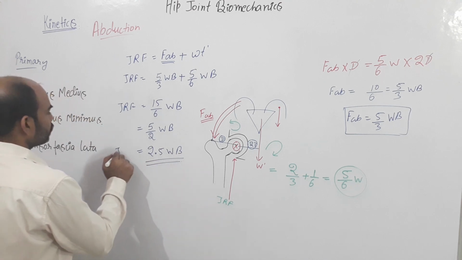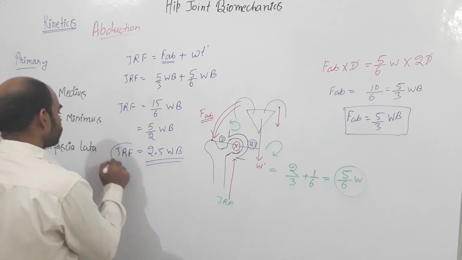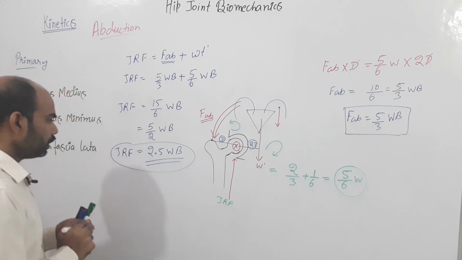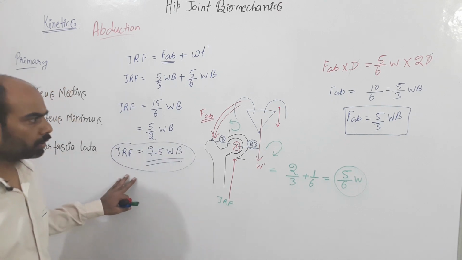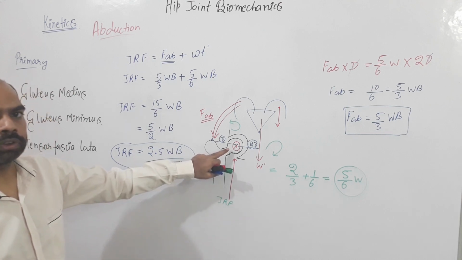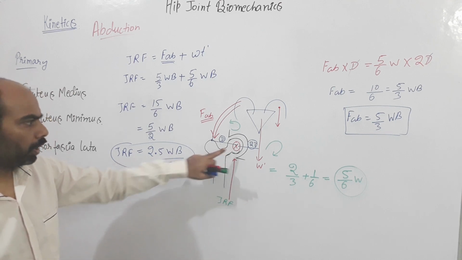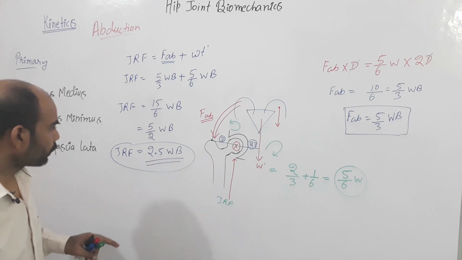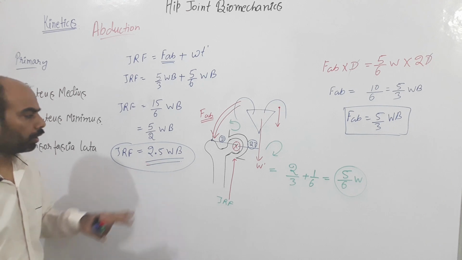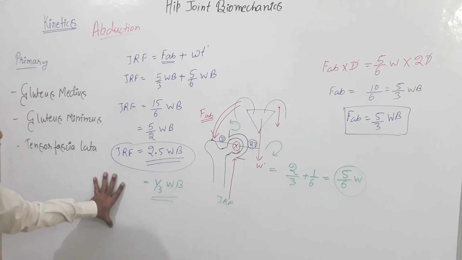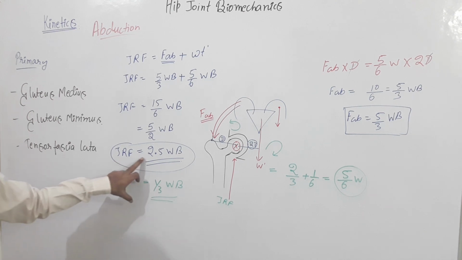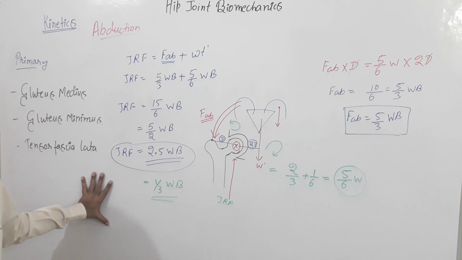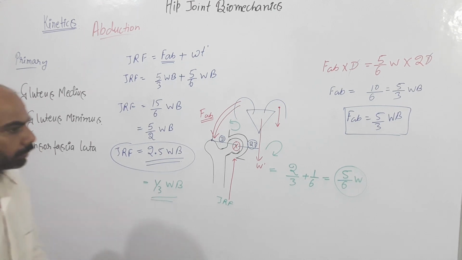So in single limb stance, the joint reaction force on the hip joint is 2.5 times the weight of the body. It is 7.5 times the joint reaction force of bilateral stance, so single limb stance loading is 7.5 times more than bilateral stance.